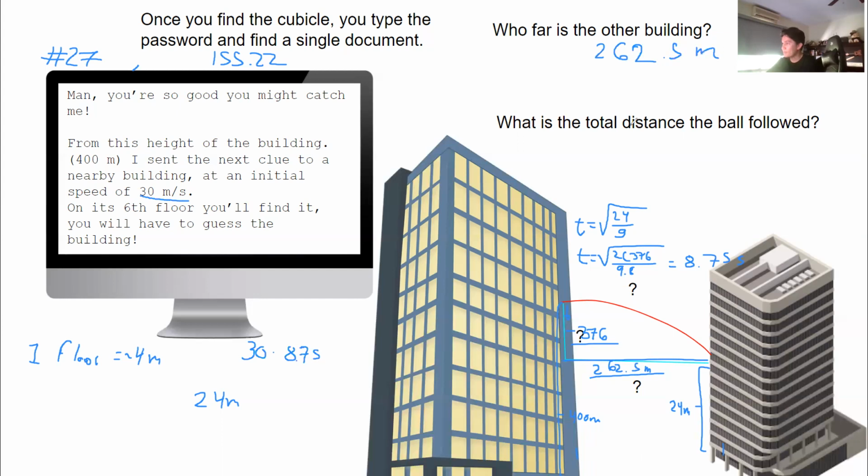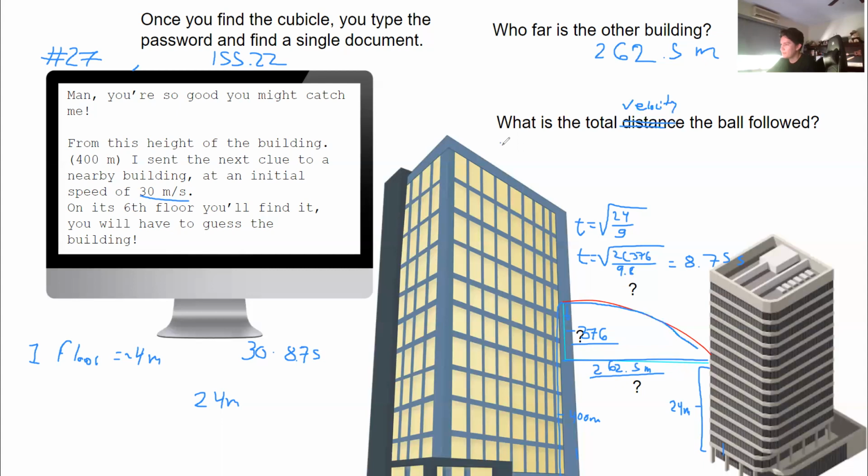Now, what is the total distance the ball followed? We can calculate this by using the following formula. Sorry, this was a typo. The total velocity the ball gained. Forgive me.